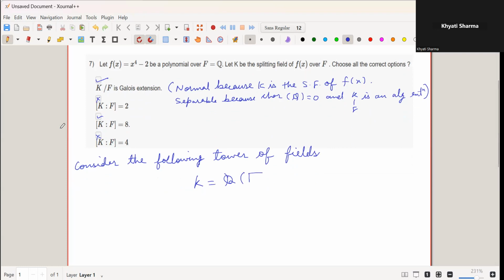It will be the field adjoining the fourth root of 2 and iota with Q, since the roots of x^4 minus 2 are the fourth root of 2, minus the fourth root of 2, the fourth root of 2 times iota, and minus the fourth root of 2 times iota.